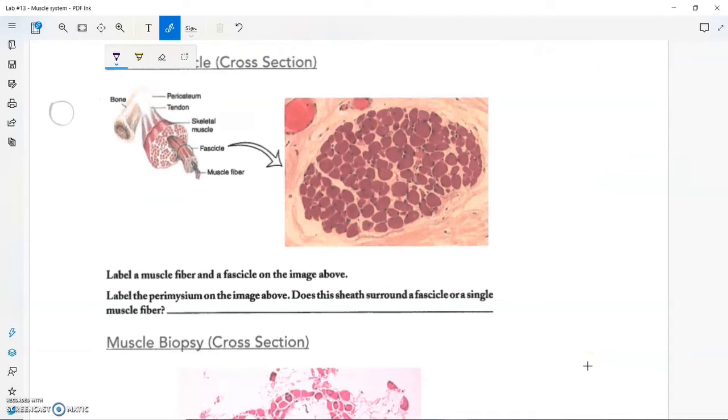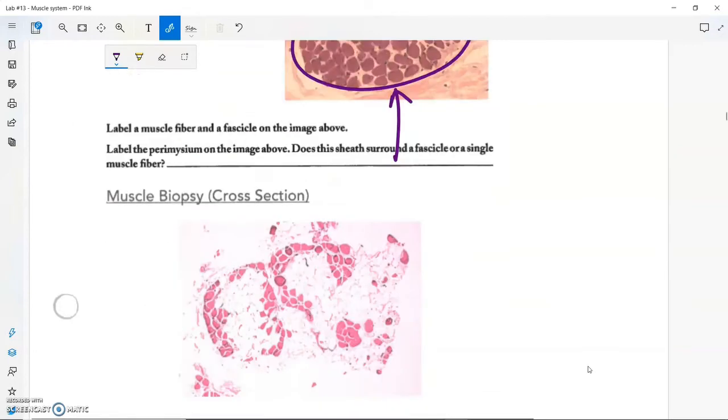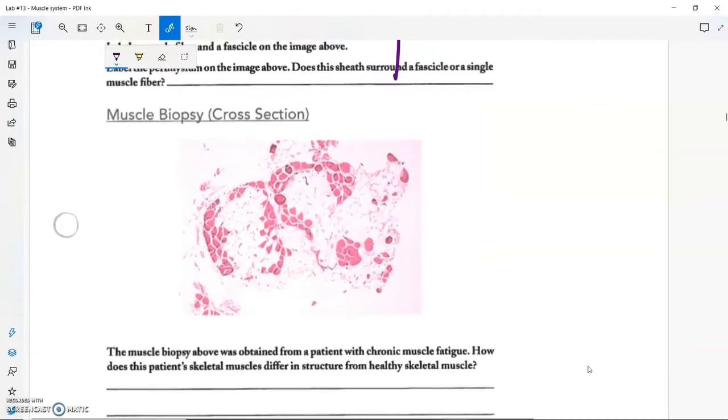Now, what you see here is an entire fascicle in the muscle and the perimysium surrounding it. The perimysium surrounds the entire fascicle, not individual muscle fibers. And here you can see a cross-section of a muscle from a patient with chronic muscle tiredness, chronic muscle fatigue.